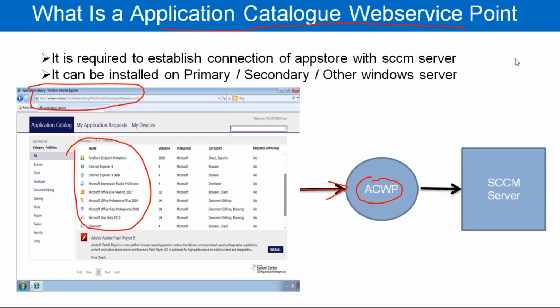So from SCCM server, you can publish these applications here on this website because of this role. So if you do not install this role, you will not be able to publish any application to this website. So that's the role of application catalog web service point, guys.